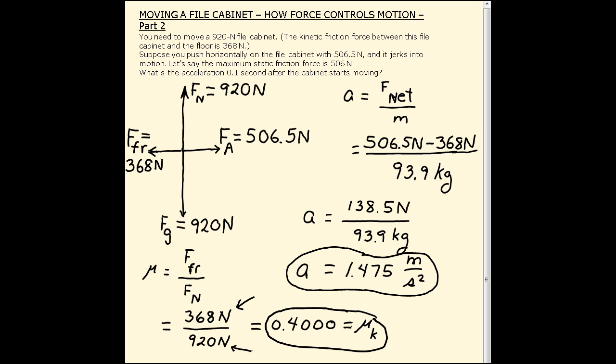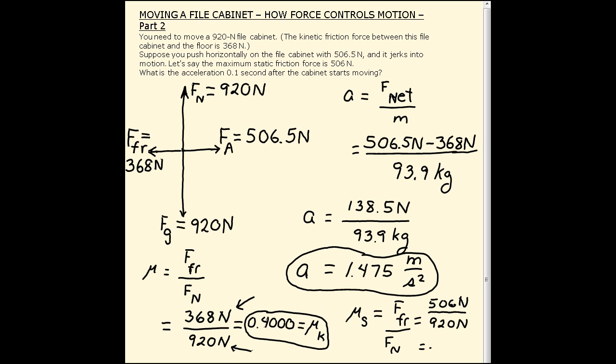Those forces were from the prior video where we had a friction force of 506 newtons divided by a normal force of 920 newtons, which would work out to 0.55 as our coefficient of friction. So there's a little bonus, both coefficients of friction for the file cabinet against the floor in this case.